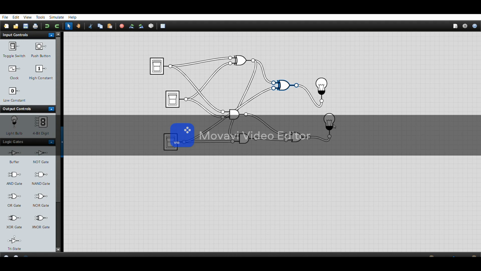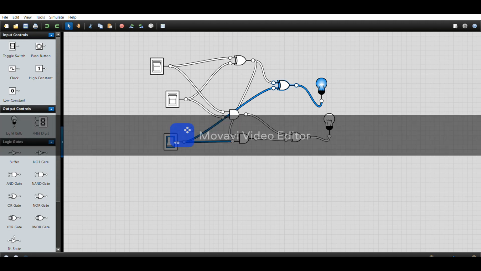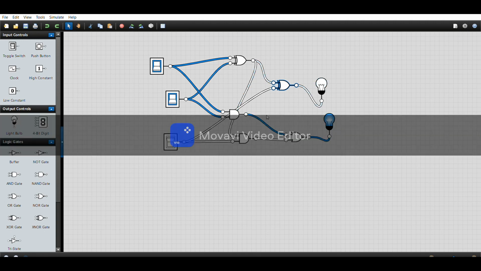Let us see some example outputs. Yes, we have successfully done the implementation of the full adder.